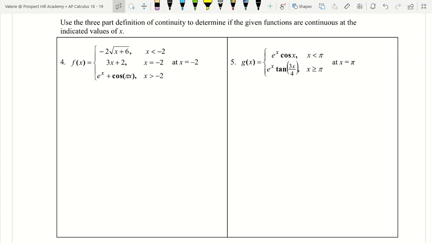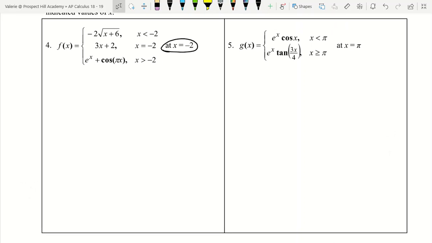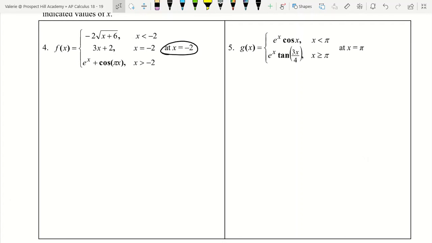For number 4, we have a piecewise defined function, and we want to know if at x equals -2 we have continuity. So we're going to go through the same 3 steps we would if we were on a graph.